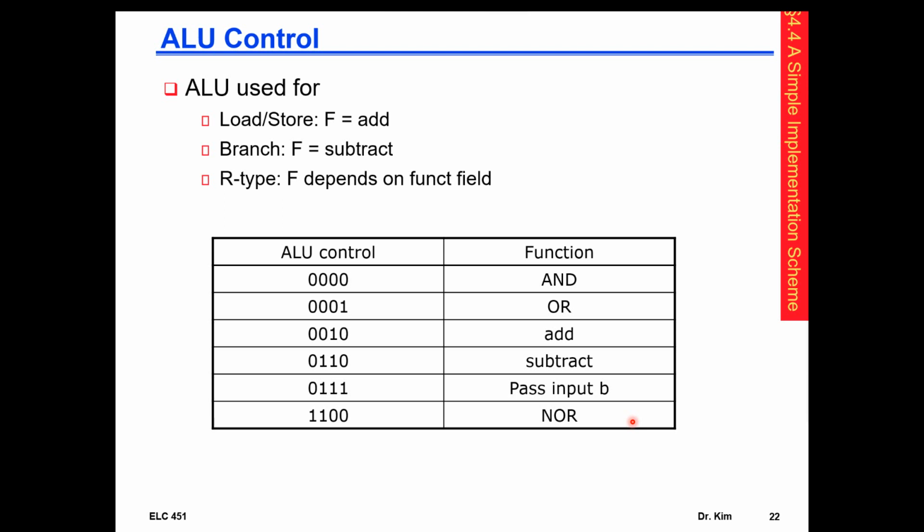It also needs to subtract for the branches because that's how we're going to detect equality for the branch on equal. And then it needs to do any other arithmetic and logic instruction that are of the register type.